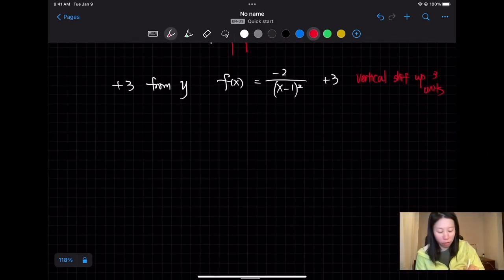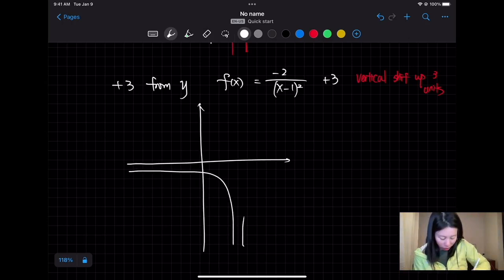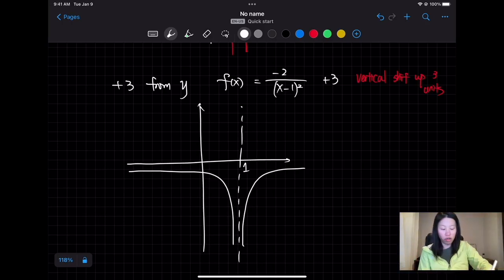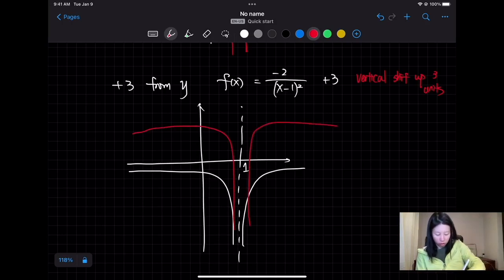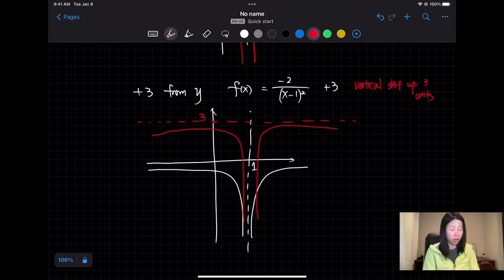So that means your function is going to look something like this way. You still have this x equals 1 asymptote, and the whole function shifts up. So that means your function may look like this one. So this is going to be what? 3, right? The horizontal asymptote is going to be 3.